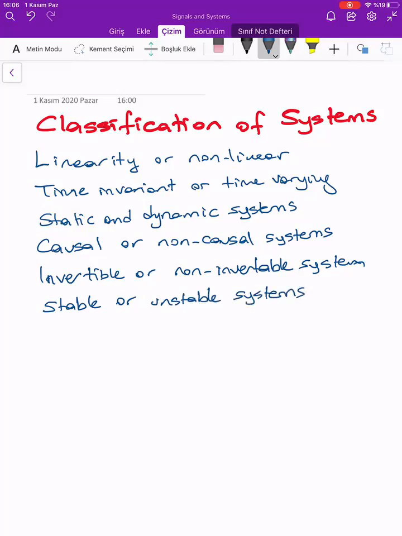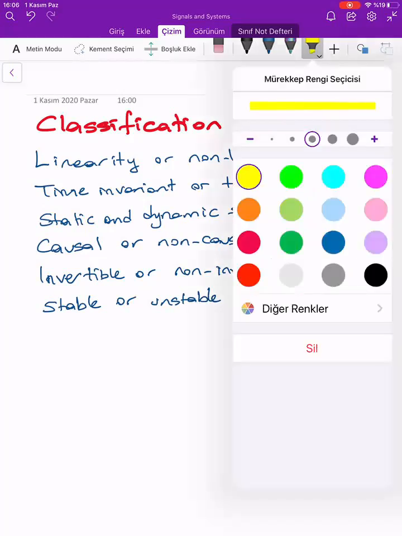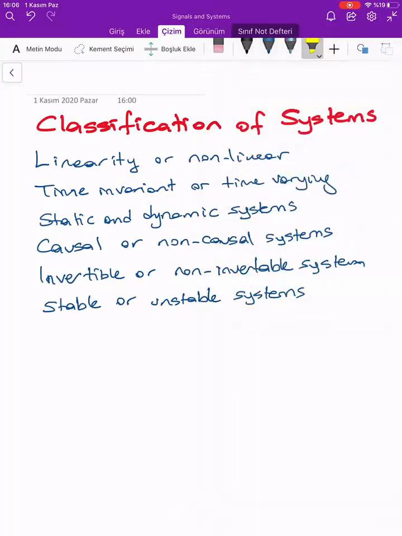So here are some of the things that we will be mainly focusing on. If we talk about linearity, we will be focusing on linearity, time invariance, causality, and stability most of the time. These are the four things that we will be focusing on in this part of the class.